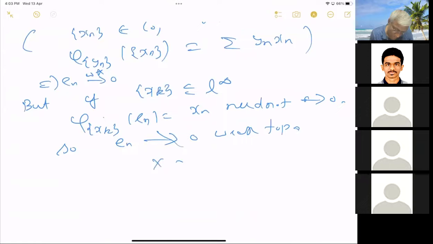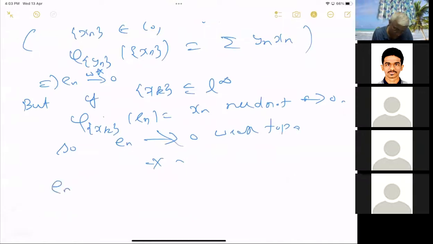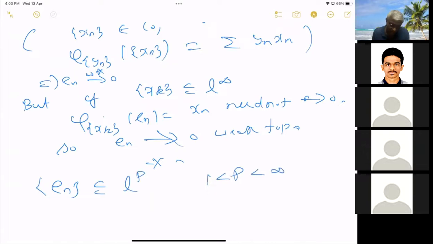Okay. So let me give some more examples. You take the same coordinate functions e_n contained in L^p for p greater than 1, less than infinity. Of course, L^p for p strictly greater than 1 are all reflexive spaces.